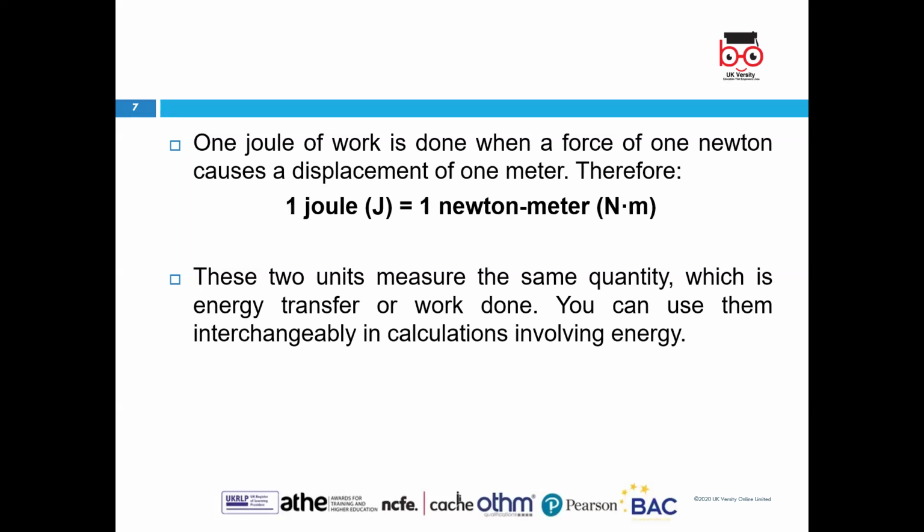These two units measure the same quantity, which is the energy transfer or the work done, so you can use them interchangeably in calculations of energy. You can convert 1 joule equal to 1 newton multiplied by 1 meter, or 1 newton equal to 1 joule divided by 1 meter. That is the interchangeable relationship that you can use.